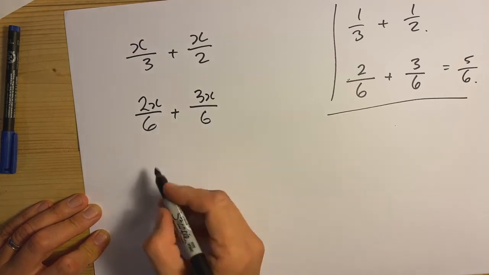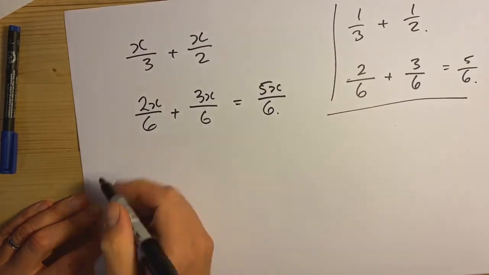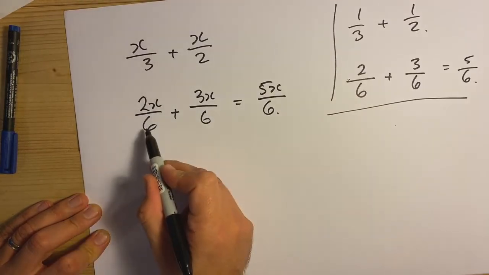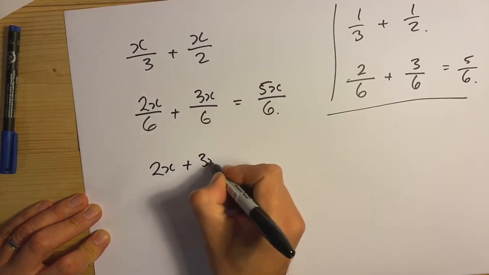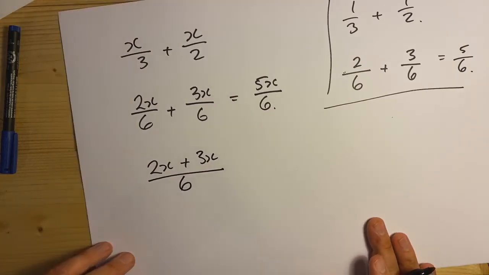We're just adding straight across. Just as a quick aside, if we're left with something over a common denominator like this, we can write this in another way: 2x plus 3x all divided by 6, and that comes out with exactly the same answer.